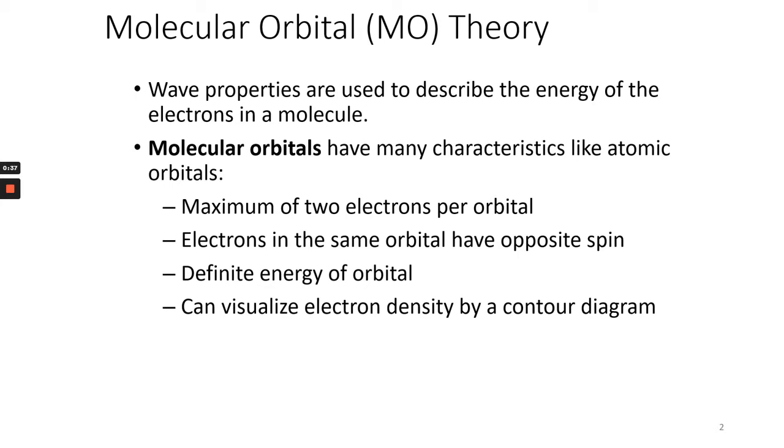And that determines our molecular orbitals. Molecular orbitals have characteristics like atomic orbitals, where each can have a maximum of 2 electrons. Electrons in the same orbital have opposite spin, and they have a definite energy. And you can visualize the electron density by a contour diagram.